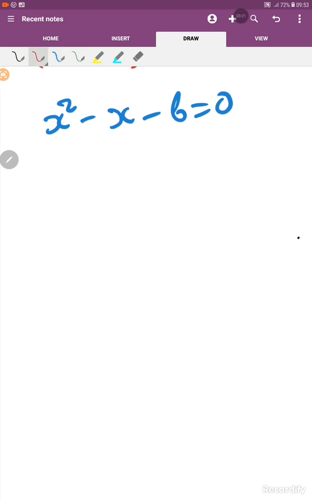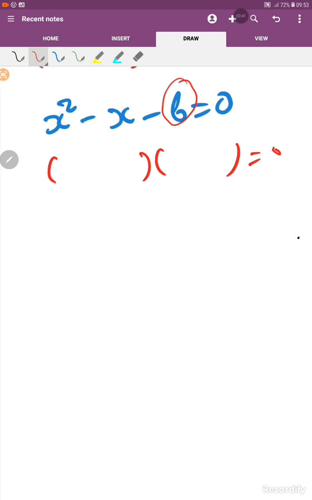So we are going to say open bracket equal to 0. Therefore the number that you multiply gives you 6, but when you add that number must give you 1.